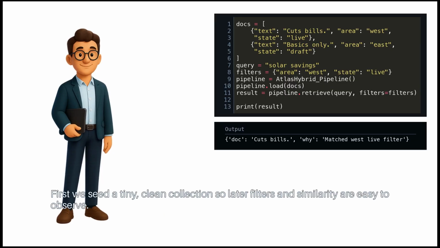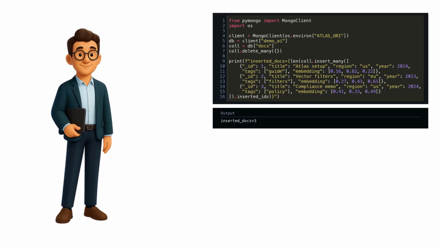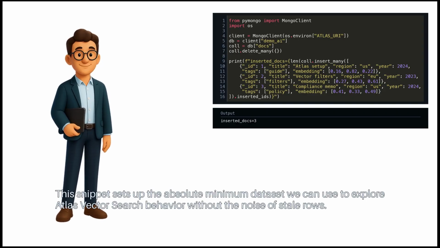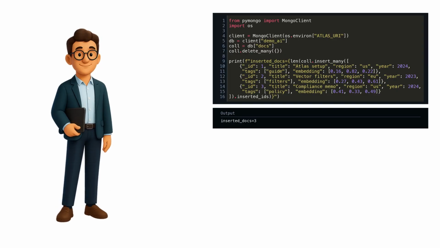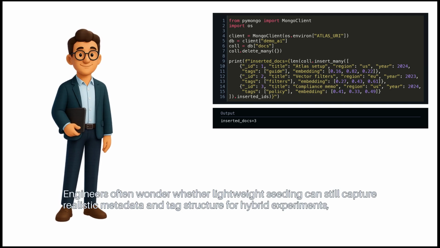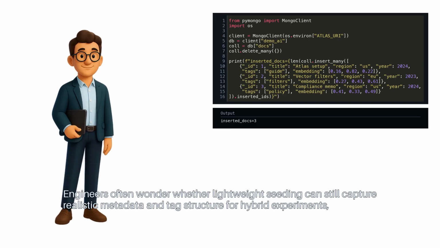First, we seed a tiny, clean collection, so later filters and similarity are easy to observe. This snippet sets up the absolute minimum dataset we can use to explore Atlas Vector Search behavior without the noise of stale rows. Engineers often wonder whether lightweight seeding can still capture realistic metadata and tag structure for hybrid experiments.